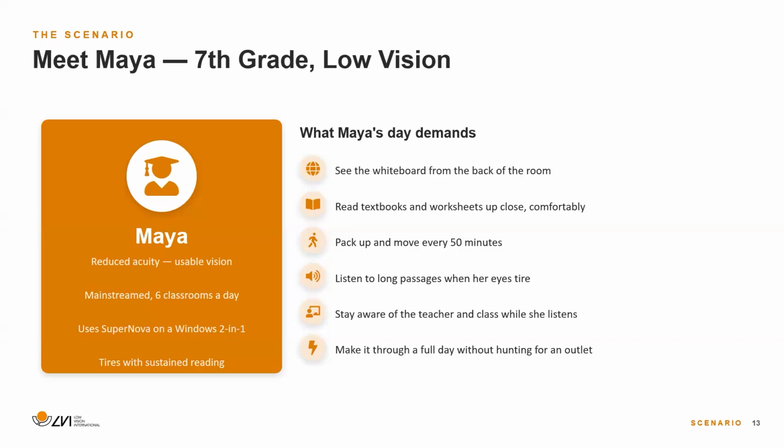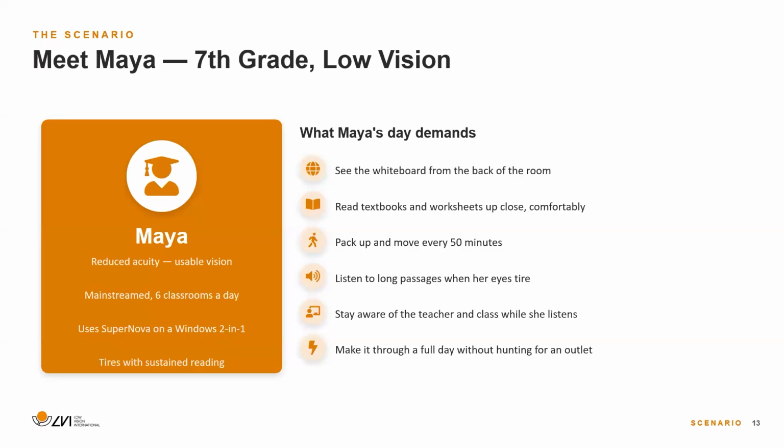So let's think about what demands she has during the day. She does need to see the whiteboard from the back of a classroom. She needs to read textbooks, both digital and hard copy. She does have worksheets that she has to complete. She needs to pack up and move every 50 minutes.